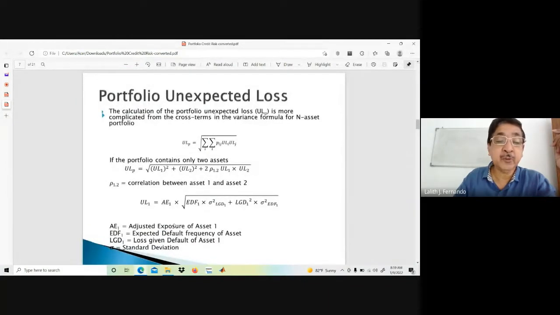This is the formula for that. If you take an individual loan, UL1, loan number 1, then its unexpected loss is calculated with this formula. So we can go through an example to have a good idea about it.